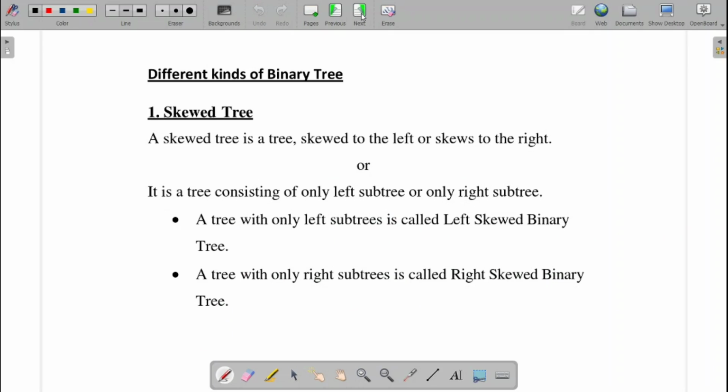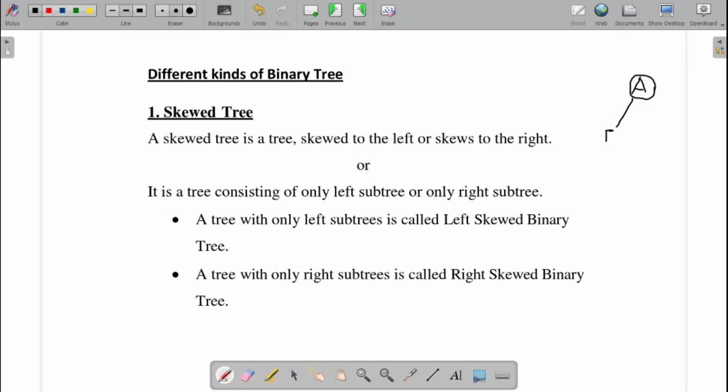If you go with the different kinds of binary trees, the first one is a skewed tree. A skewed tree is one wherein all the elements are oriented towards one side, either left or right. In a left skewed tree, all children are oriented towards the left.